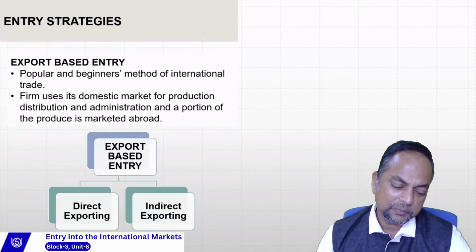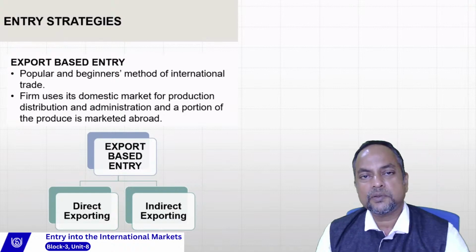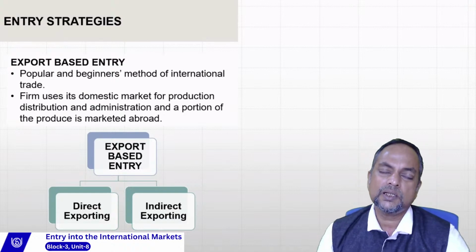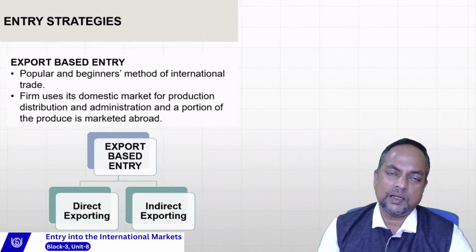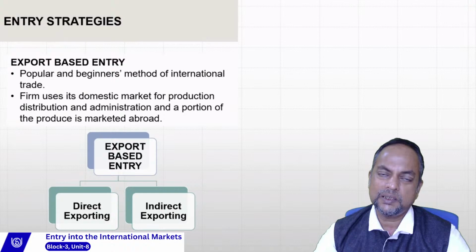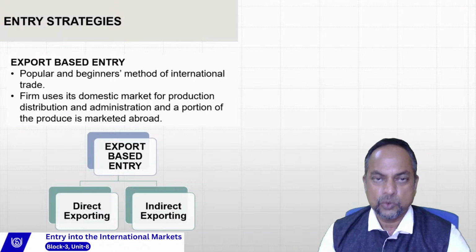So whenever I'm talking of this intermediary from the host country, I'm going to export to the intermediary, and the entire distribution channel will be taken care of by the intermediary of the host country, right?